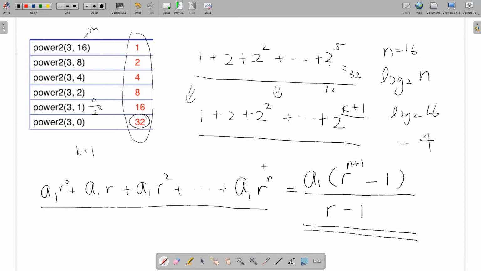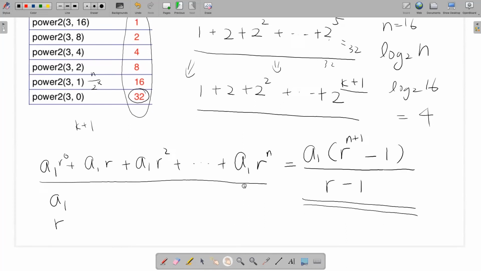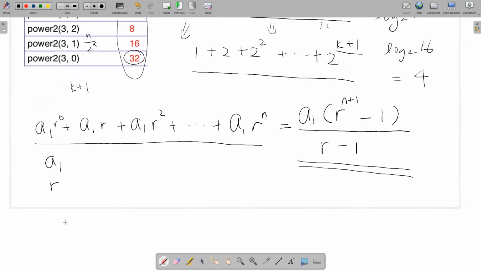Inside this formula, you have 3 numbers. You have to decide what is A1, your very first term. What is your R, the fixed factor that you need to multiply every time? And finally, what is the number of terms that you have?